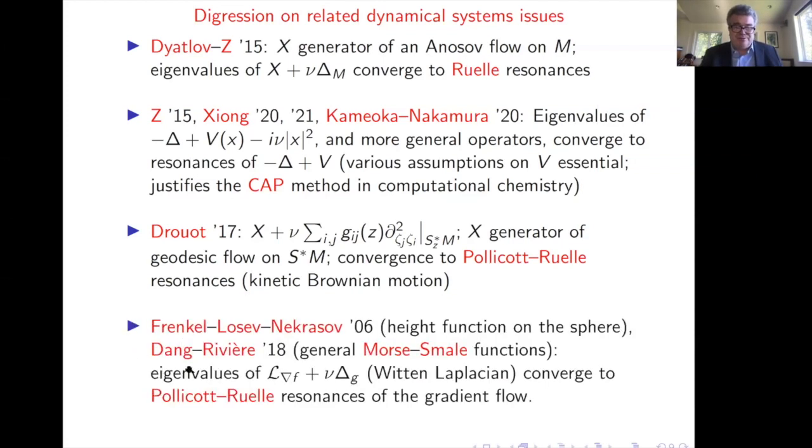And there was also very interesting work of Dang and Rivière, who proved that these viscosity limits give Pollicott-Ruelle resonances for gradient flows, in which case this viscosity term after a conjugation becomes the famous Witten Laplacian. In fact, it was first done for the height function of the sphere by explicit calculation, motivated by some high-end physics, by Frahm and company.